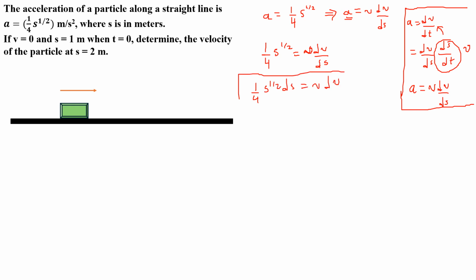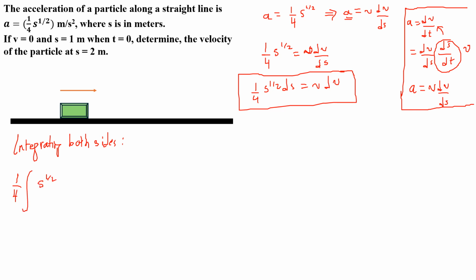Now that we have every variable on one side, I can do the integration. Integrating both sides, 1 over 4 is a constant, so I'll take it outside. The integration of s to the power half ds equals the integration of v dv.